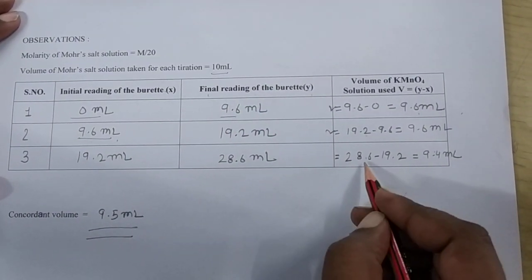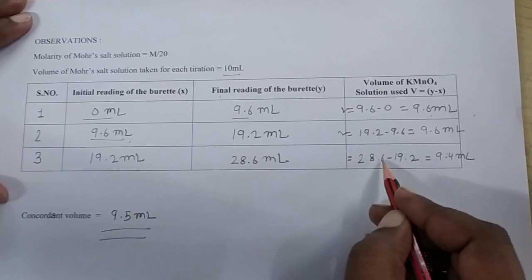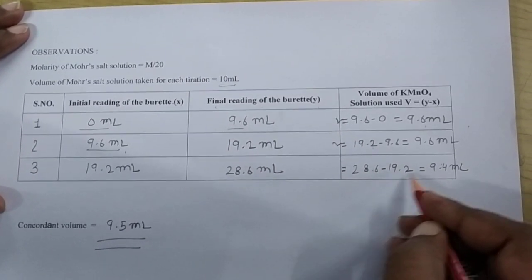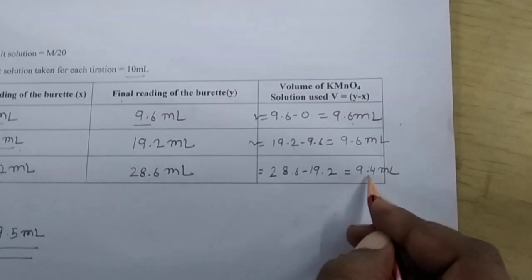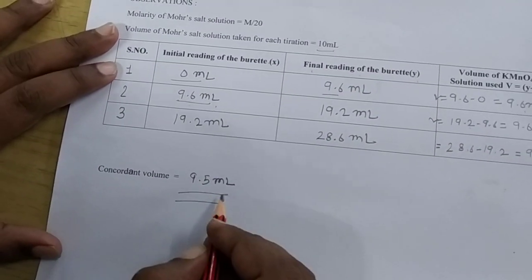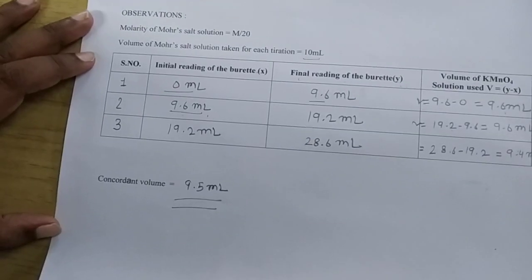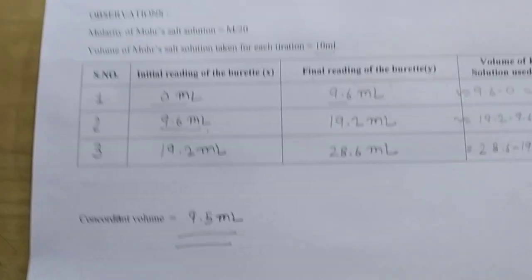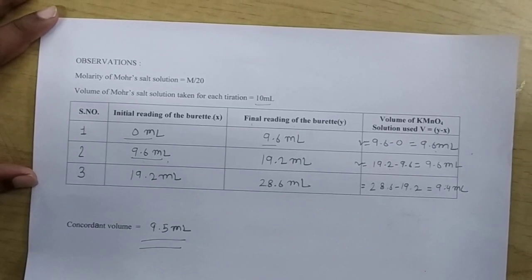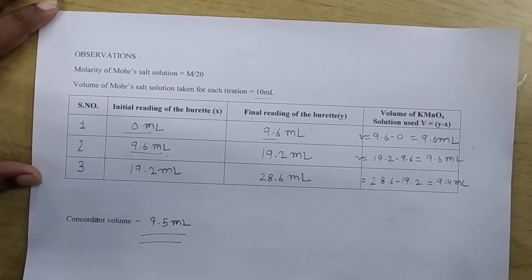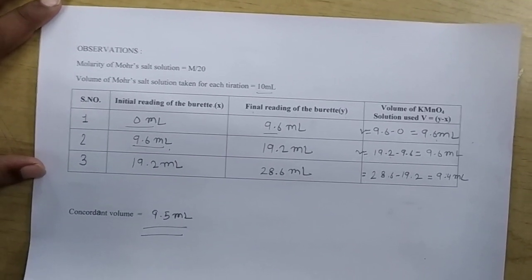We subtract 19.2 from 28.6 and received 9.4 ml. This is the concordant volume of 9.5 ml. Thank you. Here, this is the observation table. You can record it in your file.